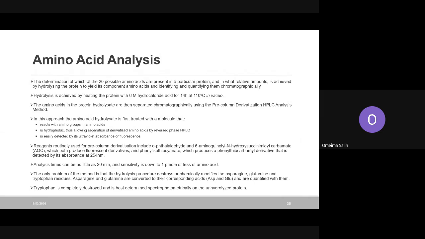This is a very quick process within the lab. It doesn't take long. The HPLC itself is a quick process, but your solution has to be clear and clean for the HPLC to give you good results.